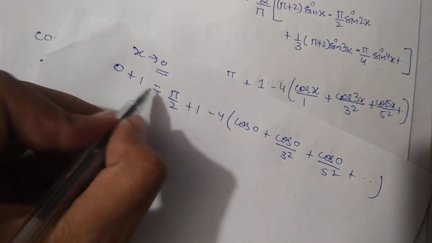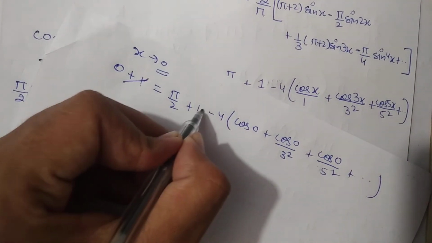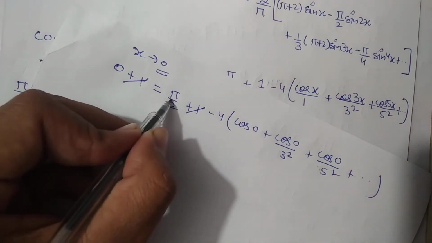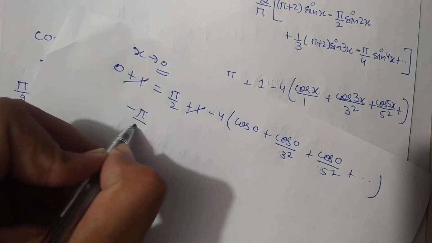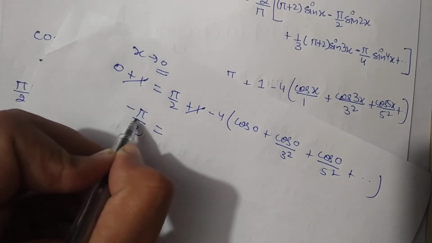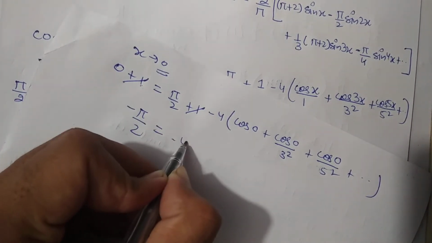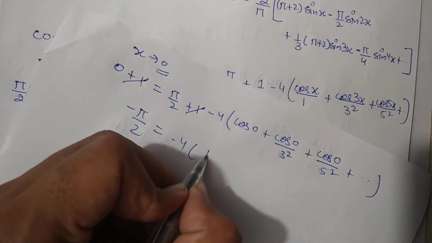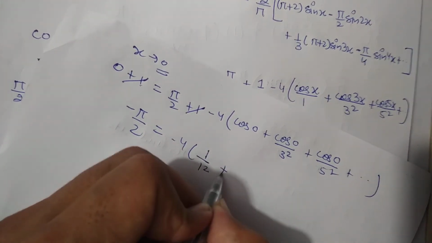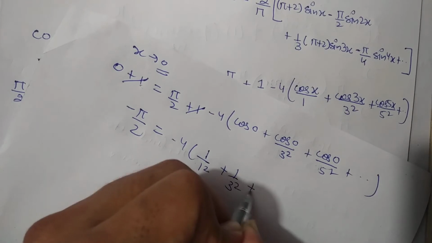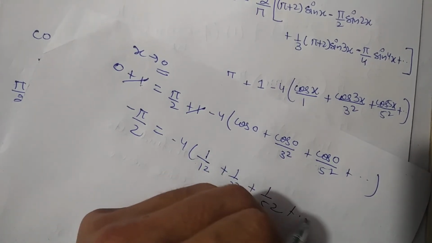The 1 will cancel out this 1, and minus pi by 2 will come to that side. So minus pi by 2 equals minus 4 into cos 0, which is 1 always, so 1 by 1 square plus 1 by 3 square plus 1 by 5 square, up to infinity.